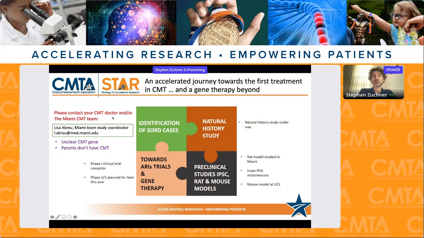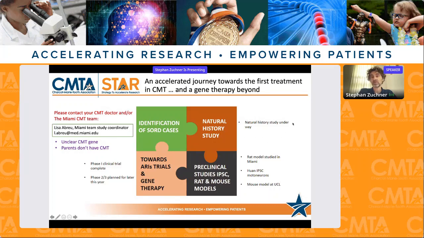So you could contact CMTA, of course. You can also contact us in Miami directly, and we would then coordinate with you and see if you have the SORD gene. Because if you have, then of course you could potentially benefit from these upcoming treatment trials.